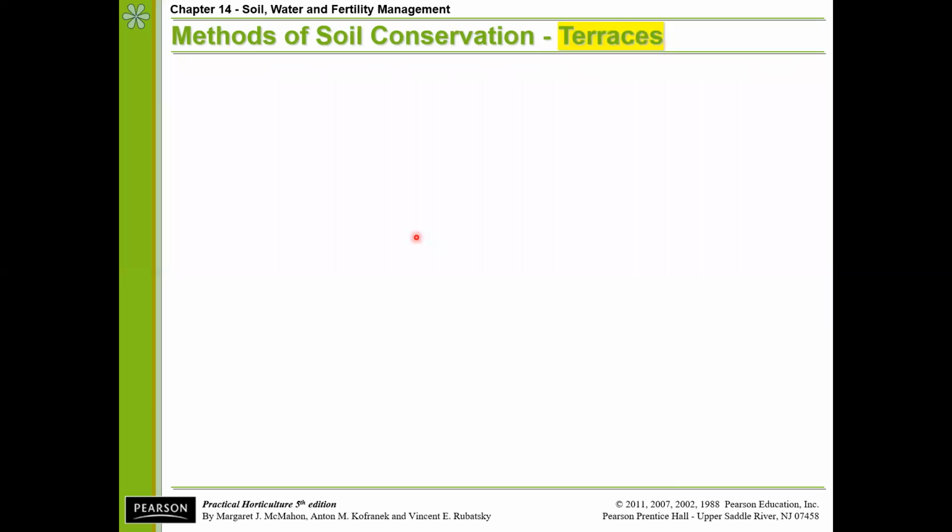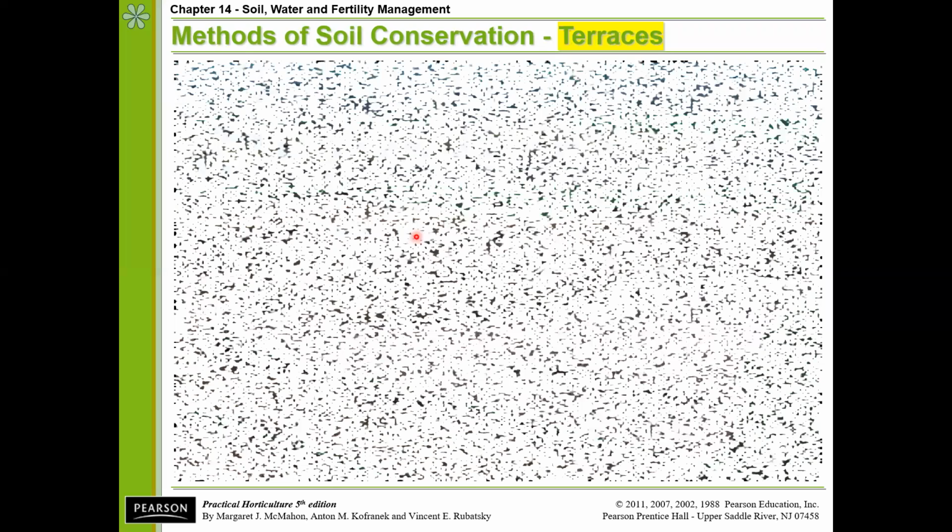Terracing is a little bit more invasive, but there are areas of the world, especially parts of Asia where they're growing rice paddies, where terracing is a very important thing, even though it requires a lot of energy and input initially.